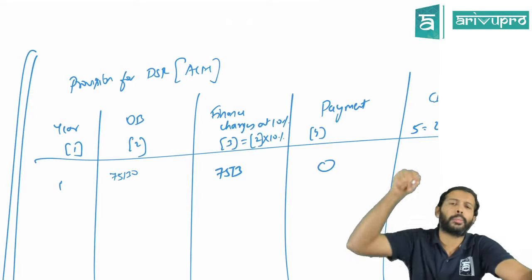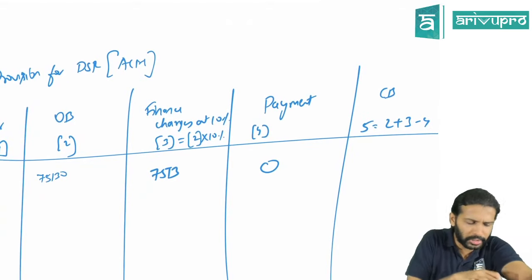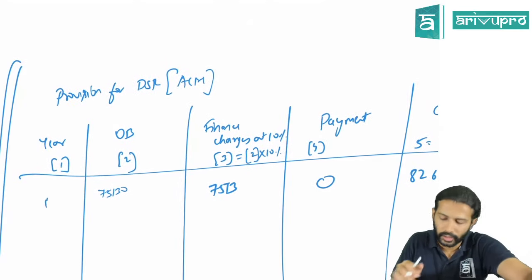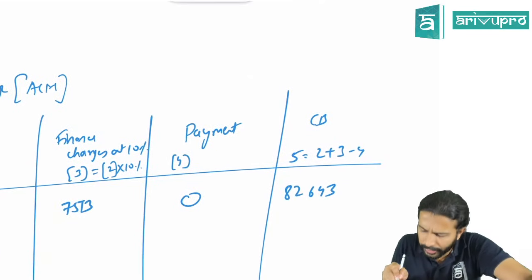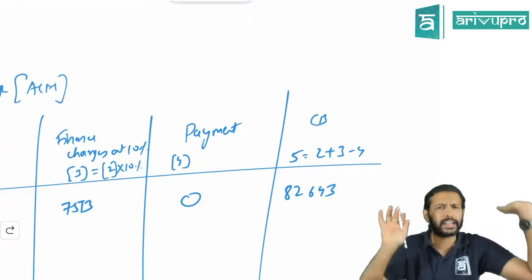No. You'll make this payment only by the end of 3rd year, right? So first year payment is 0. So what will be the provision closing balance? 75,130 plus 7,513 minus 0, you're going to get 82,643. At the beginning of the year, provision balance was 75,130. At the end of first year, it became 82,643. At the end of 3rd year, it should become 1 lakh. Then it will get closed out like that.